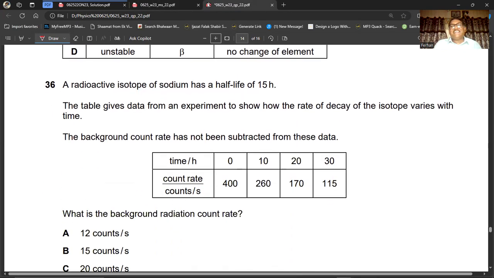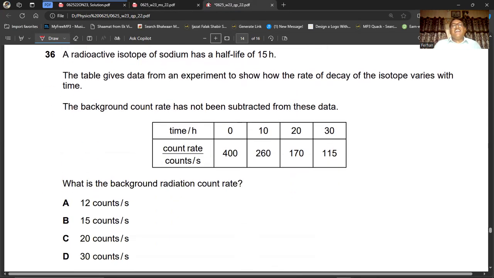Question number 36. It says a radioactive isotope of sodium has a half-life of 15 hours. The table gives data for an experiment to show how the rate of decay of the isotope varies with time. The background count rate has not been subtracted from these data. What is the background radiation count rate?